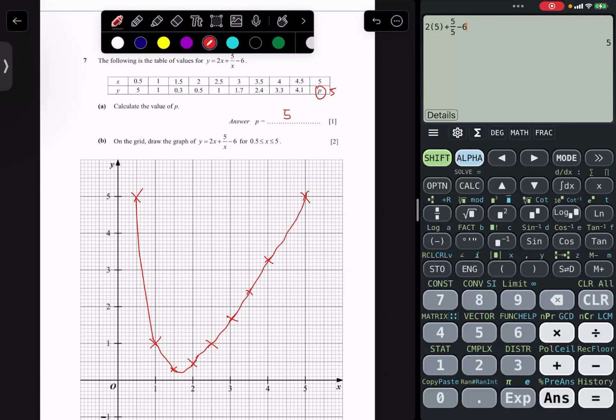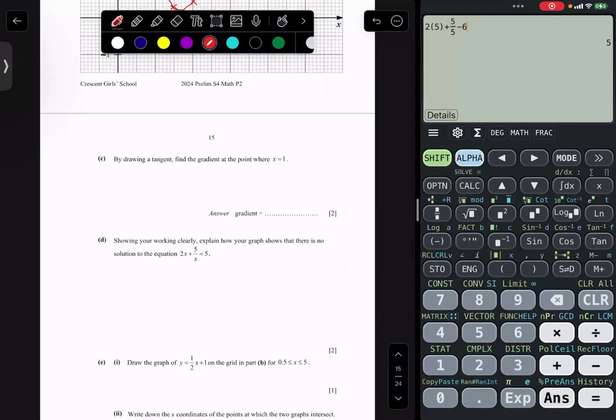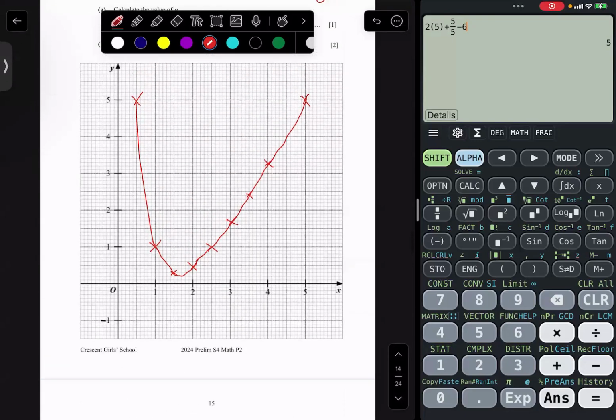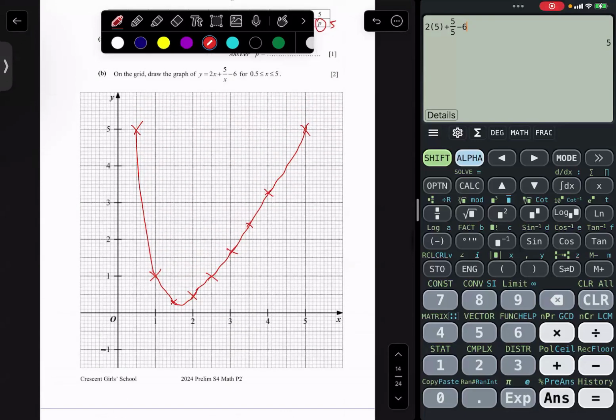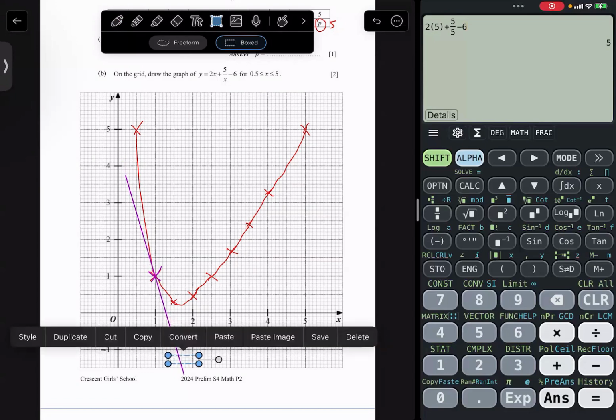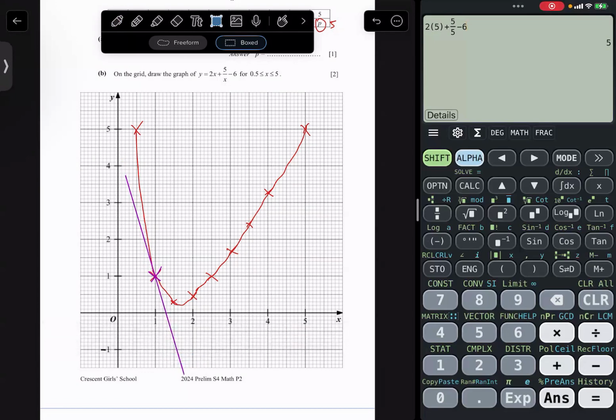Okay. Right. By drawing a tangent, find the gradient at the point where x equals 1. Okay. Where x equals 1 is over here. Okay. Draw a tangent. Right. Okay.